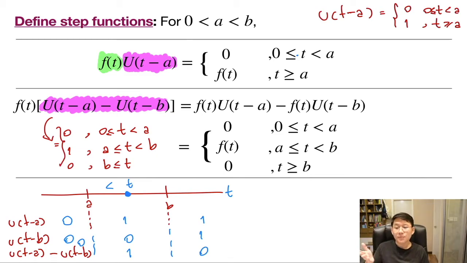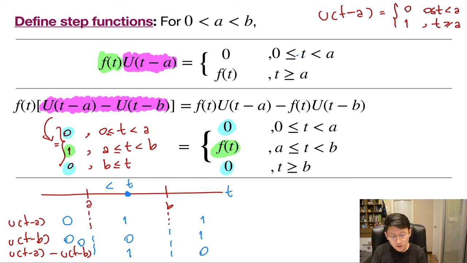Okay, so if you multiply that function colored in pink with f(t), you would get the same. You get 0 here, 0 here, and you get f(t) here, because you multiply u(t-a) minus u(t-b) by f(t). Okay, so that's why you get f(t) there. Makes sense?